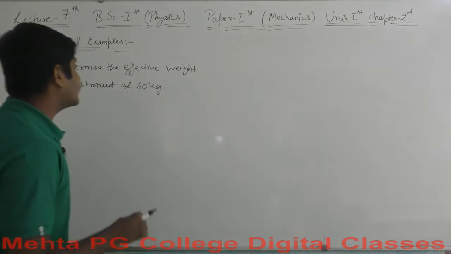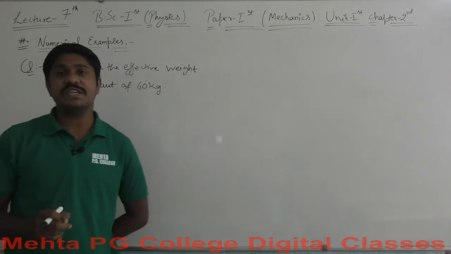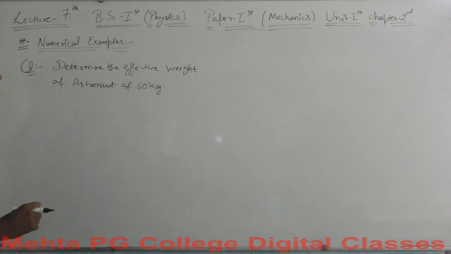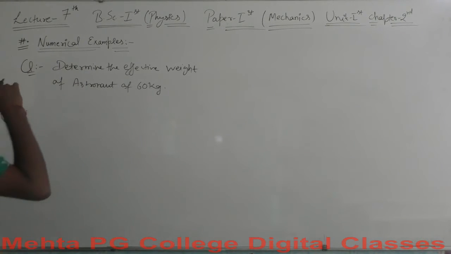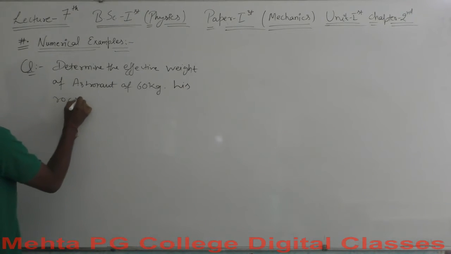So we are subjected to find out the effective weight of an astronaut who has a weight of 60 kg already, and what is the condition next is when his rocket is moving vertically upward from ground with acceleration 6g.